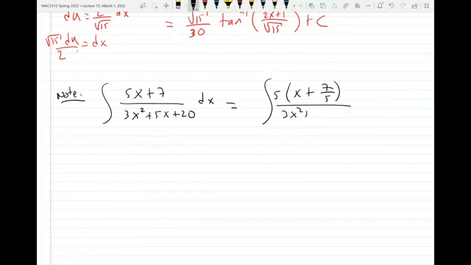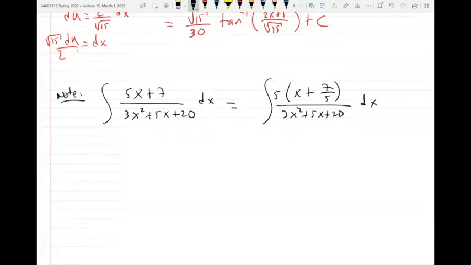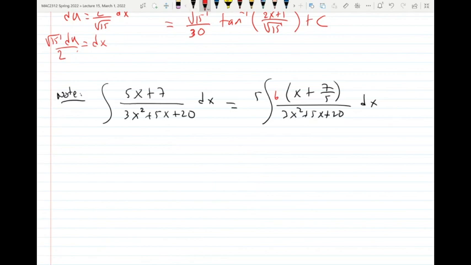Now, to save time, what is it that I'm gonna do? I'm gonna put a 6 instead. The 5 goes outside, but then I'm gonna divide by that 6. Everybody okay? So now when I distribute, I'm gonna have my 6 in the place that it should be.